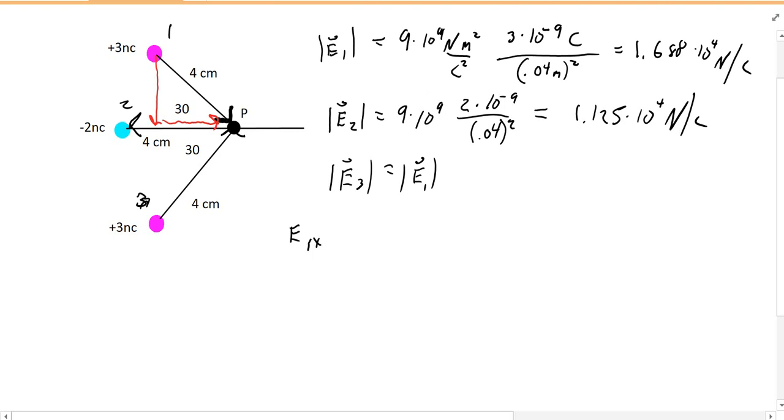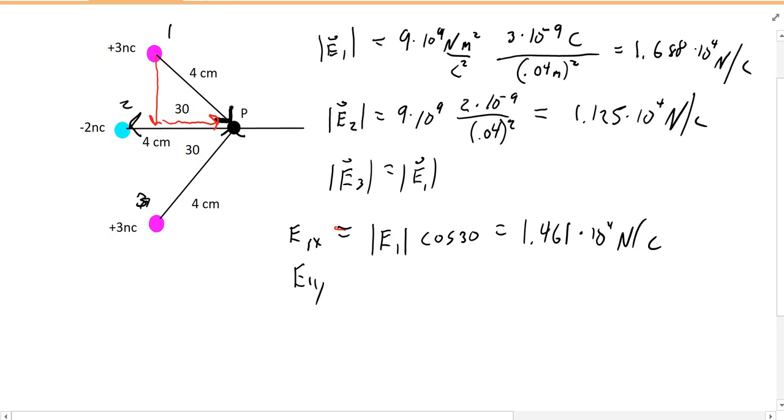And it looks like if that's a 30-degree angle, then the x component is adjacent to the 30-degree angle, so I'm going to have to use cosine. E1x is equal to the magnitude of E1 times the cosine of 30, and that is 1.461 times 10 to the 4th newtons per coulomb.